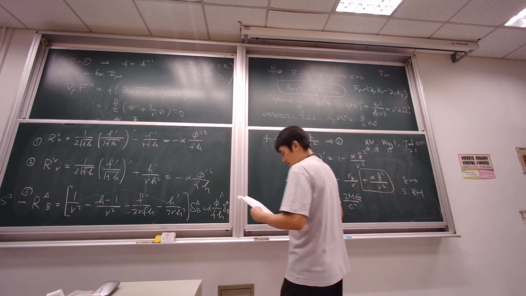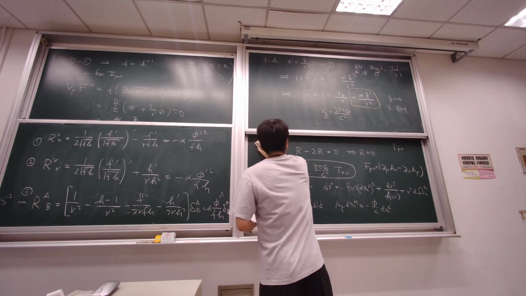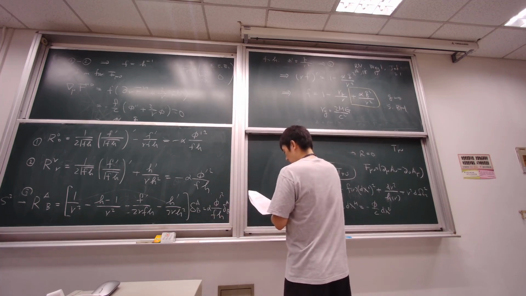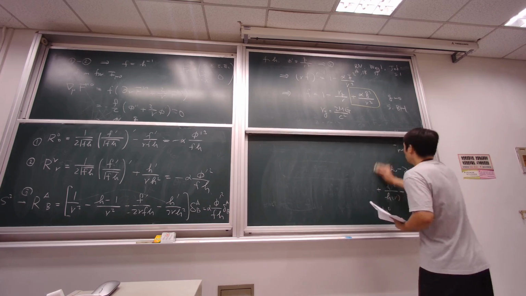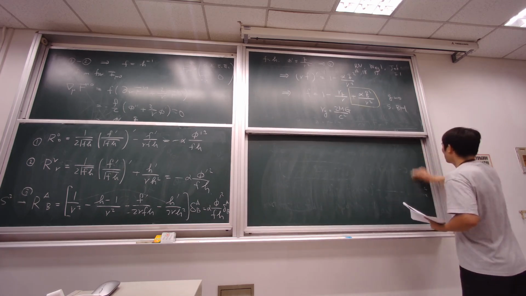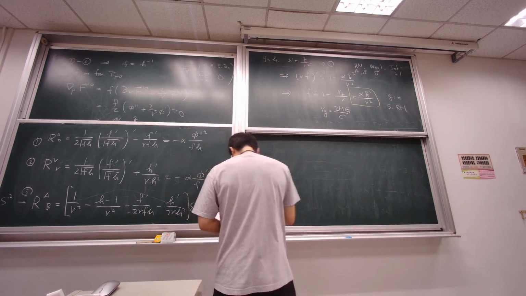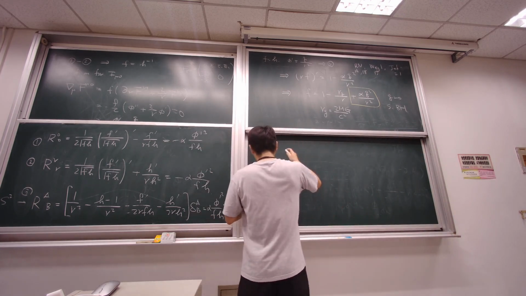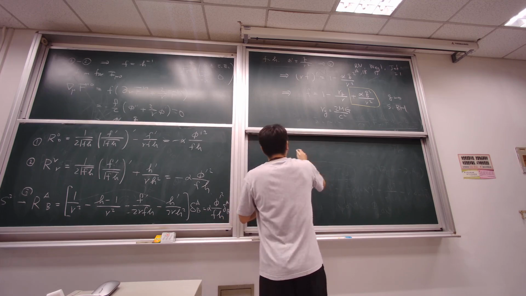So the difference from Schwarzschild is this one over r squared term. That makes the structure much more interesting. So the metric becomes like this way.